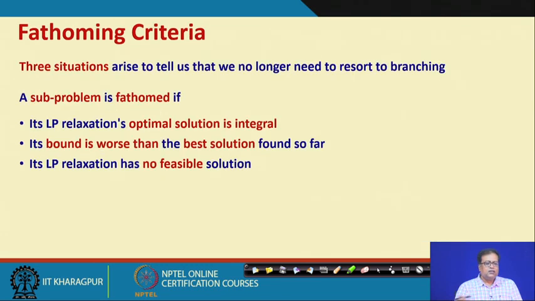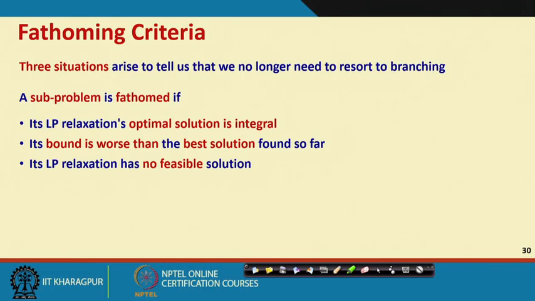So, that is how it is, and when it comes to fathoming, three situations may arise when we no longer need to resort to branching. What are those three situations? A sub problem is fathomed if its LP relaxation's optimal solution is integral. That means we find an optimal solution and we find it is an integral solution. Second, its bound is worse than the best solution found so far.